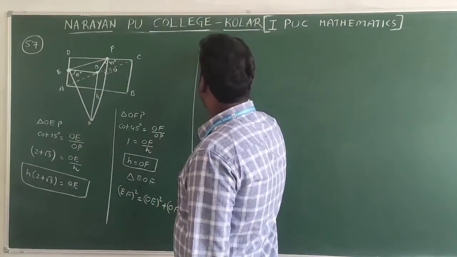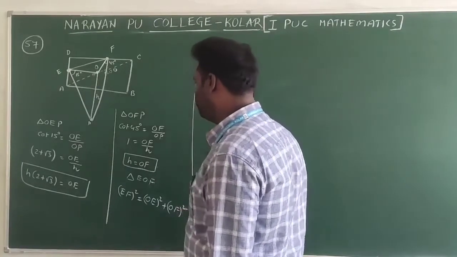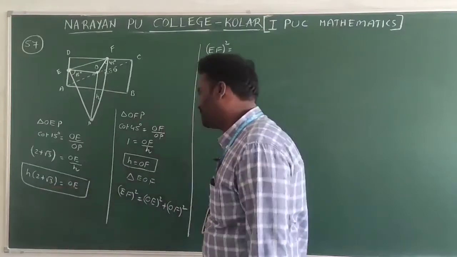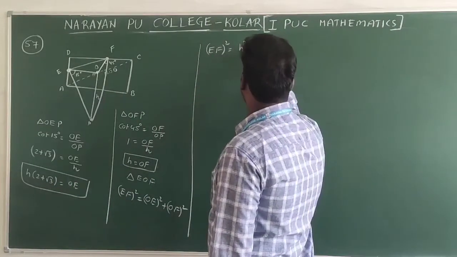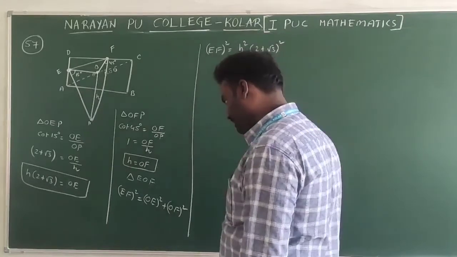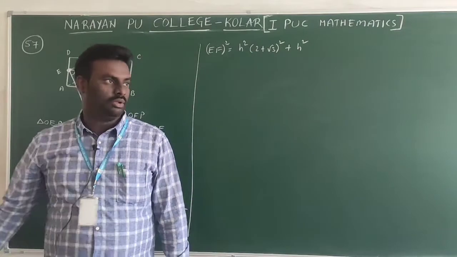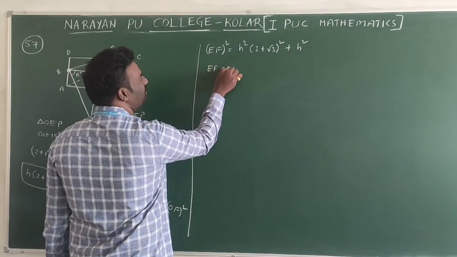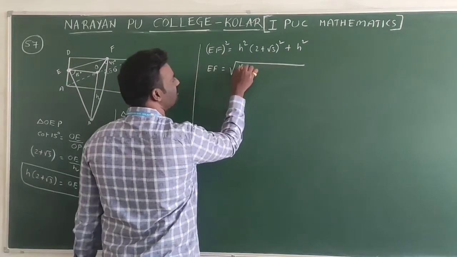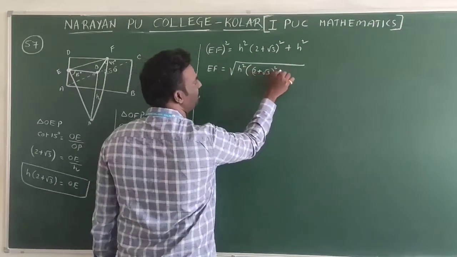Now EF square is equal to OE square, meaning square of this, H square into 2 plus root 3 whole square plus H square. Okay. Now EF is equal to, H square is common, 2 plus root 3 whole square plus 1.